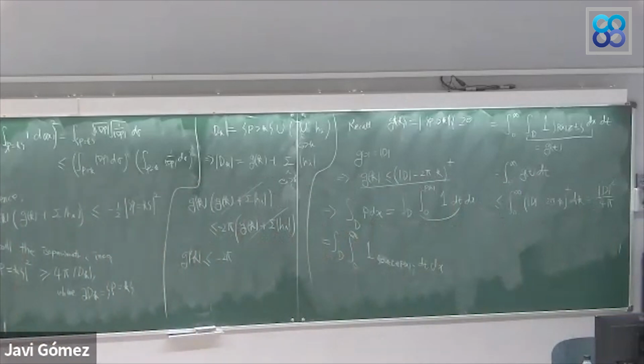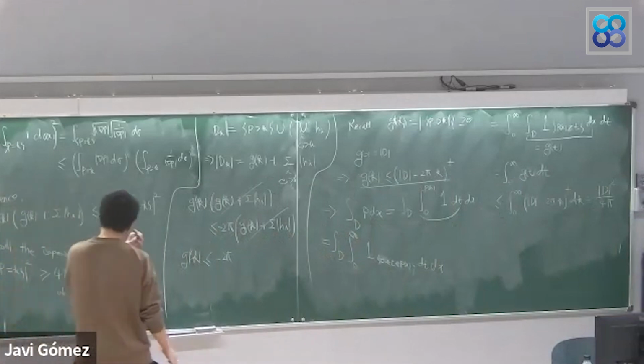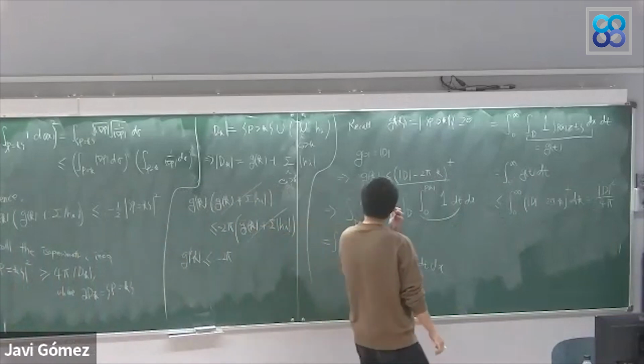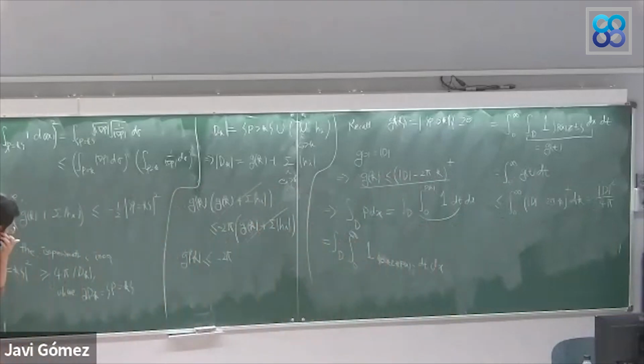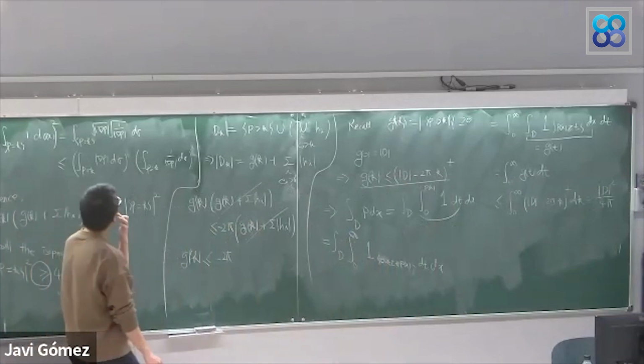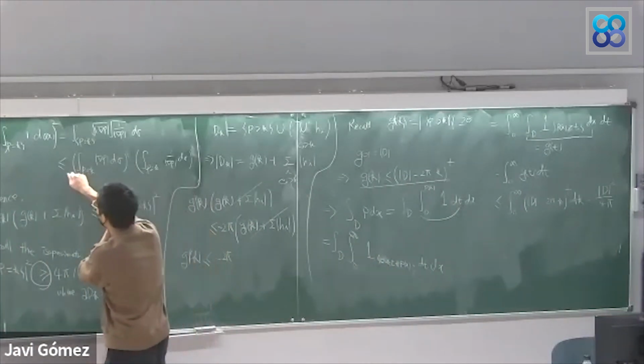So we need to show that the equality is attained when the domain is a disk or annulus. So where can we get the equality? We have used a lot of inequalities, but there are two parts where the equality sign is actually important. One is here, and the other one is here.